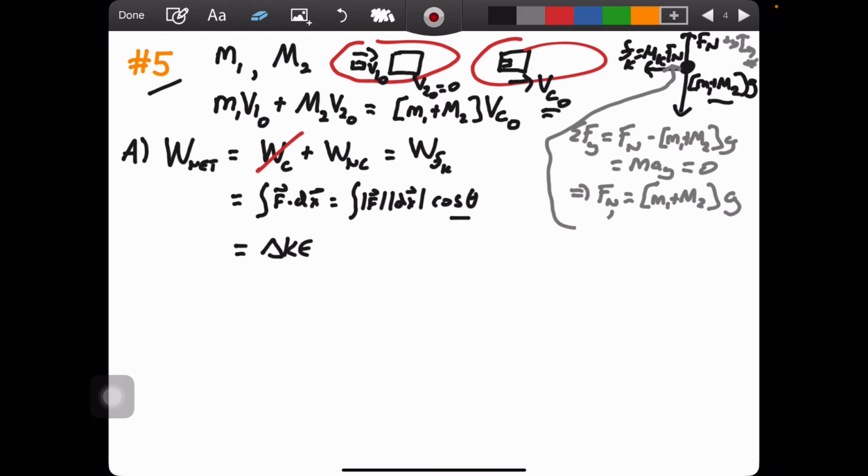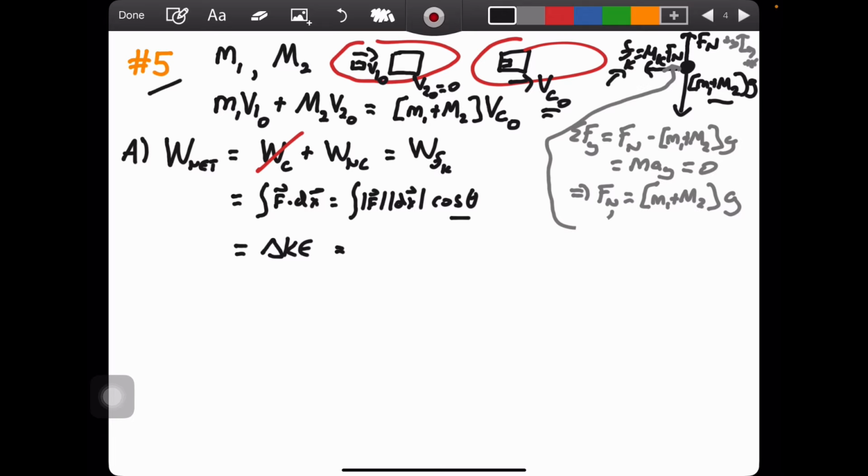So we need to figure out now how we are going to express this work done by friction and then equate it to the change in kinetic energy, both right when the bullet embeds itself and then when the bullet block combo comes to a stop. The friction, as I showed in the free body diagram, that's this term right here, is going to be equal to the coefficient of kinetic friction multiplied by the normal force.